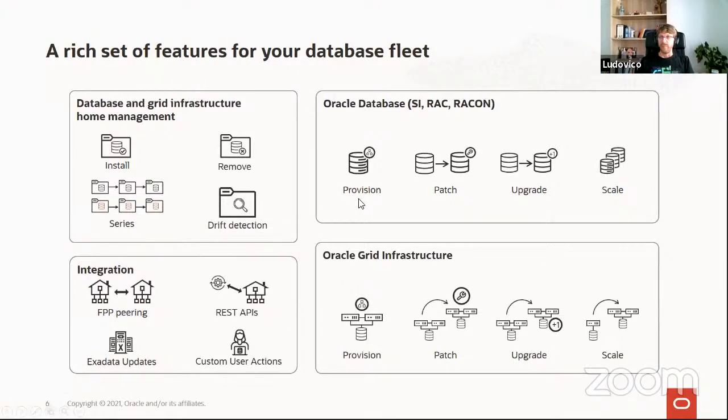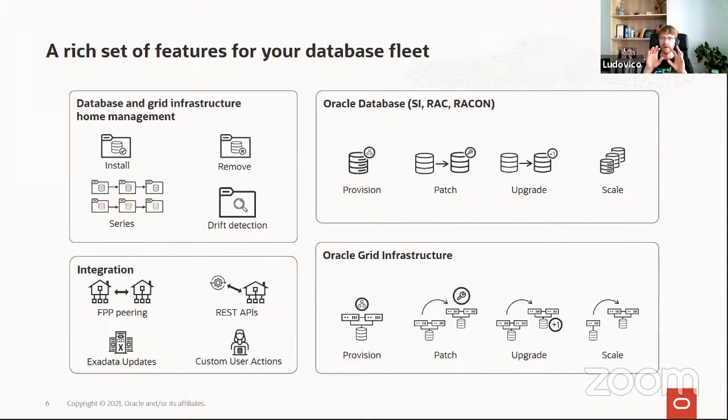So FPP can, let's say, manage databases in their whole life cycle. That comes from creating the Oracle homes, installing clusters, creating databases, patching databases, moving them from a non-patched Oracle home to a patched Oracle home. This is something that you need to know: FPP never does in-place patching.